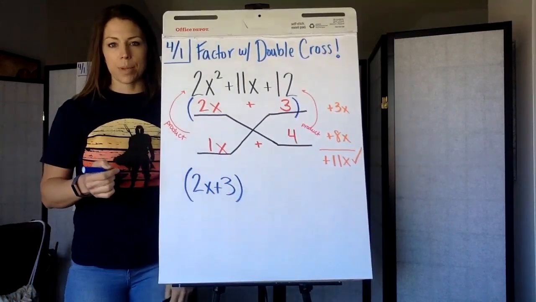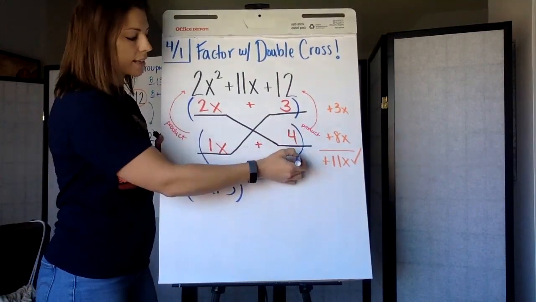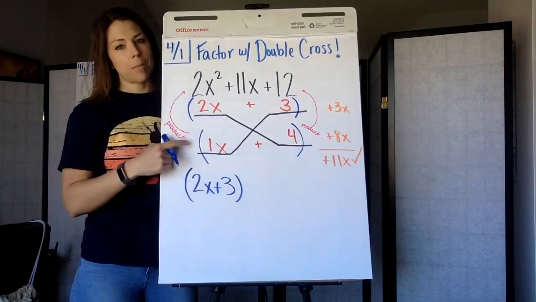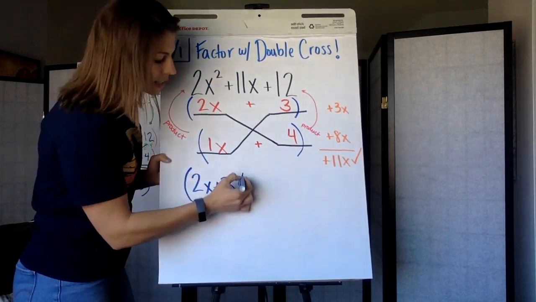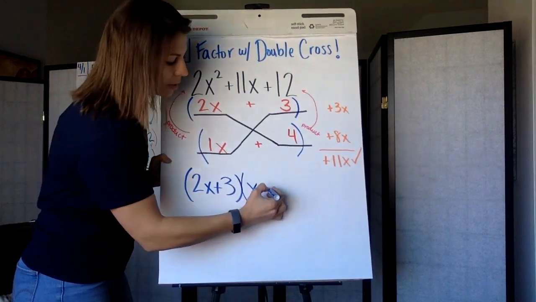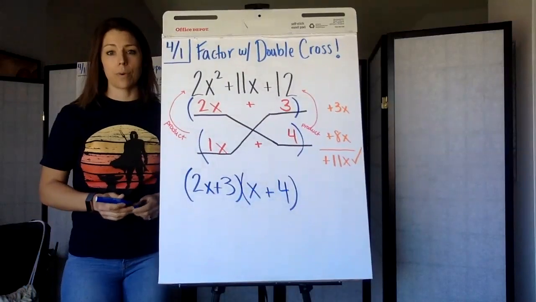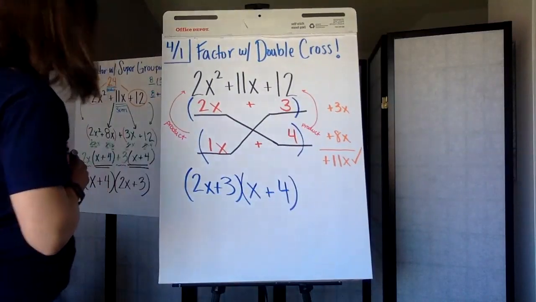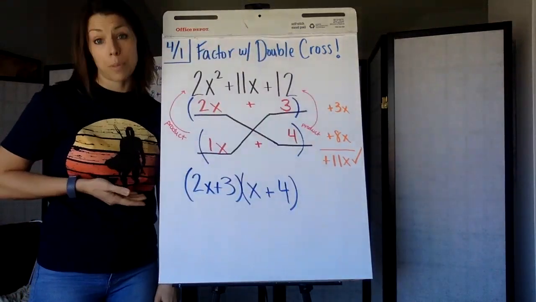What do you think my second binomial is? 1x plus 4. But again, think about your future Algebra 2 teachers. They're not going to want you to write 1x. What's 1 times x? Simply x plus 4. Is that what we got when we solved it using supergrouping? Yes, it is. This method is called double cross.